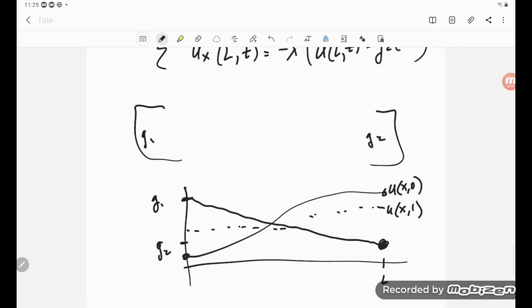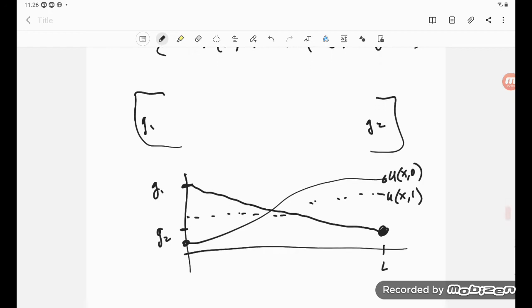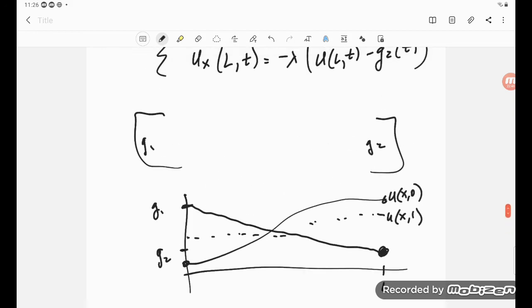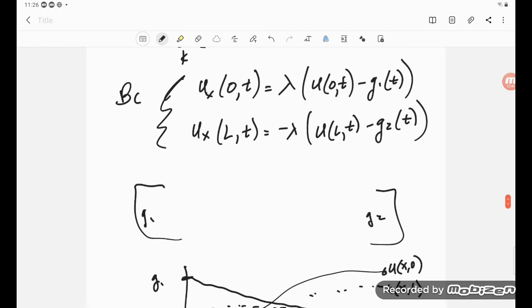And again, if G1 and G2 are functions of t, well, then all bets are off. I have no idea what it's going to do. I'd have to get a solution to the partial differential equation to see. Okay. But that's the idea of these boundary conditions.